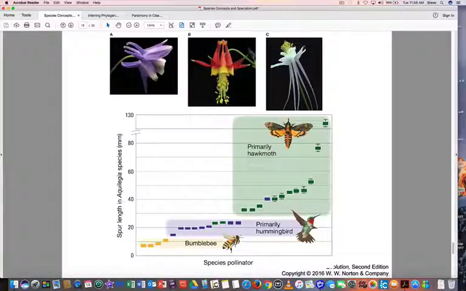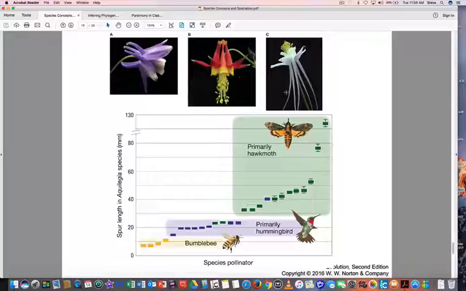And the trait that we're interested in is the spur length in these species. And what you can see, these in the blue, and often there's a color difference between the two. Often bumblebee plants are often blue, and hummingbird pollinated plants are primarily red, and moth pollinated plants, especially if they're pollinated at night, tend to be whitish.